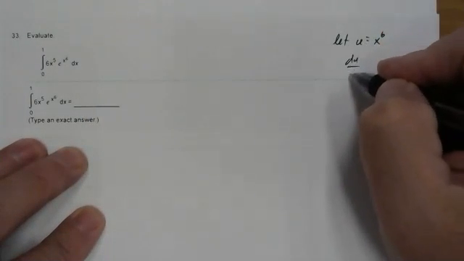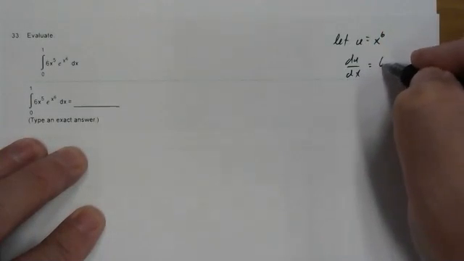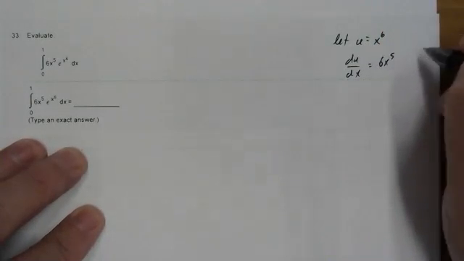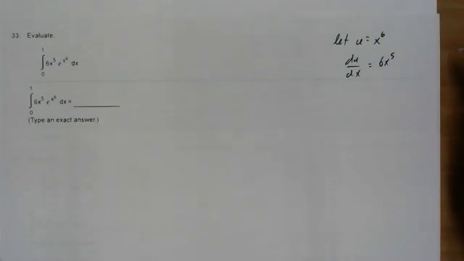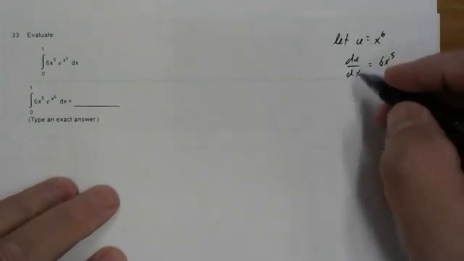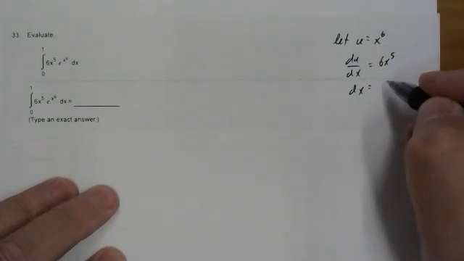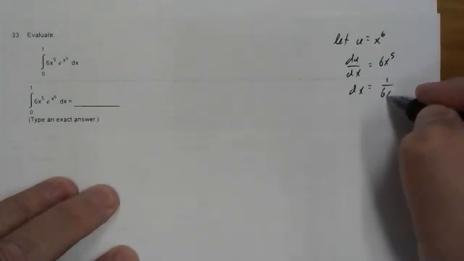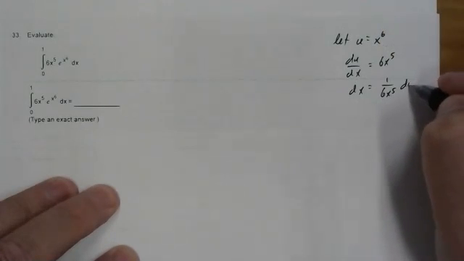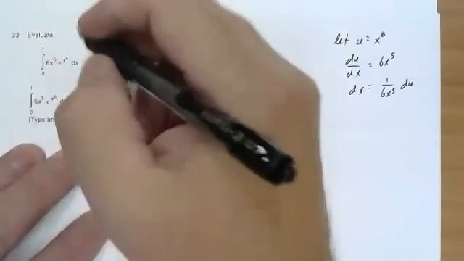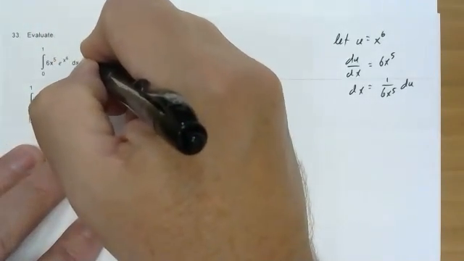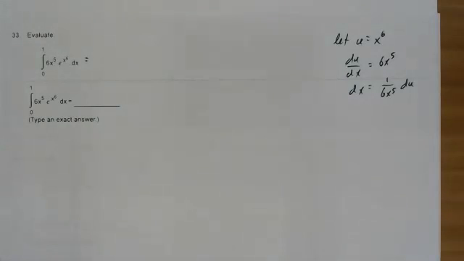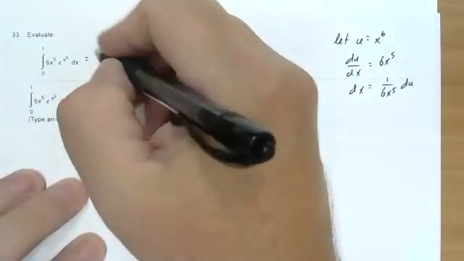So then I take my derivative. And I want to get dx by itself. Now, come over here, hopefully, once I substitute, I won't have any more x's, now I'll have u's, and I'll be able to integrate.